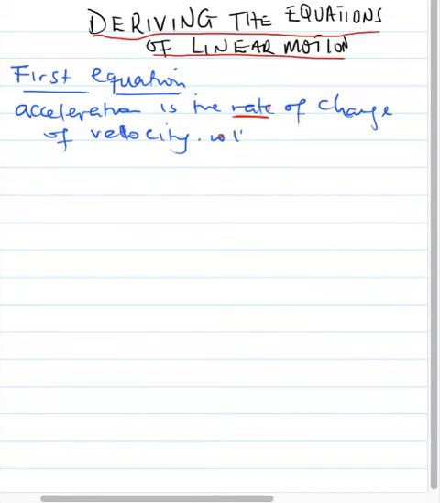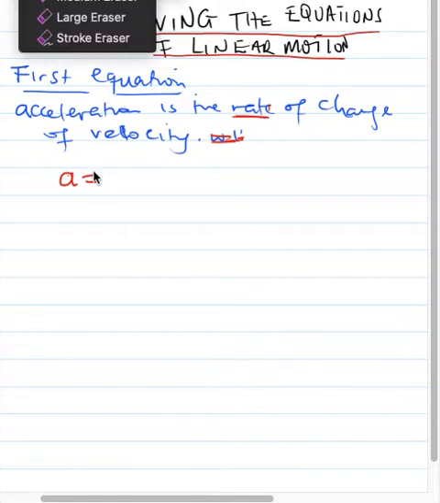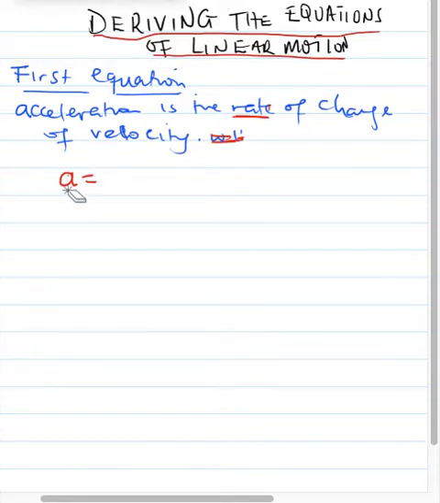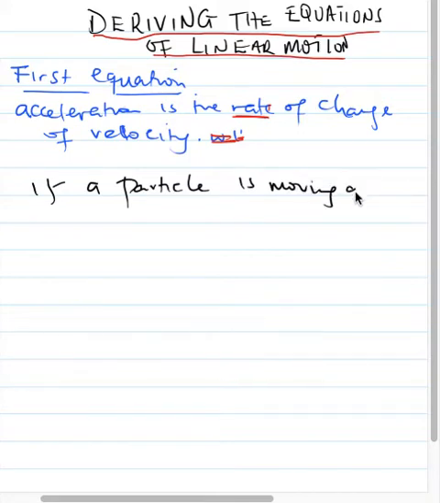The notation of acceleration is a. Let's write the assumption that a particle is moving at an initial speed.